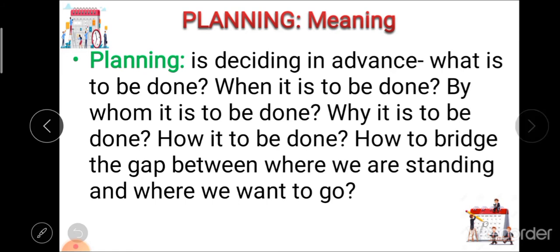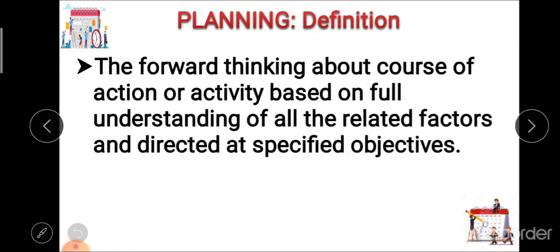After the meaning of planning, next is the definition of planning. There are different definitions by different scientists. The first definition: forward thinking about a course of action or activities, based on full understanding of all the related factors and directed to a specific objective, is known as planning.